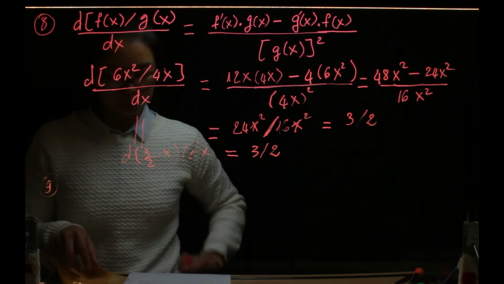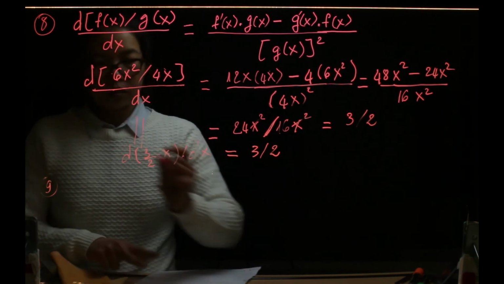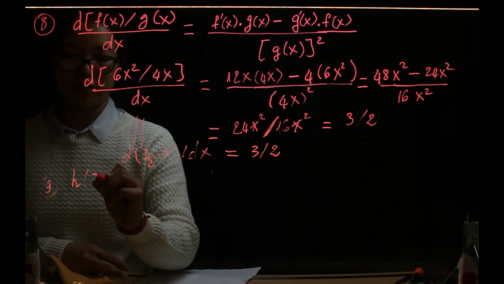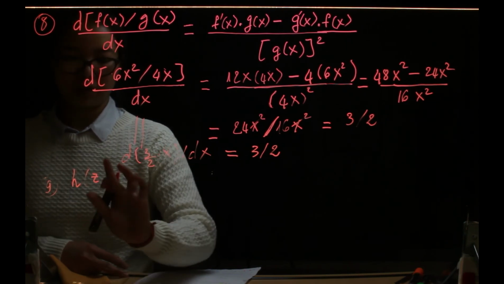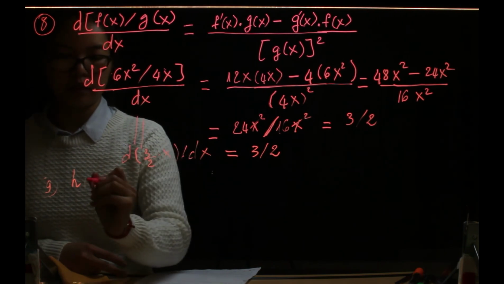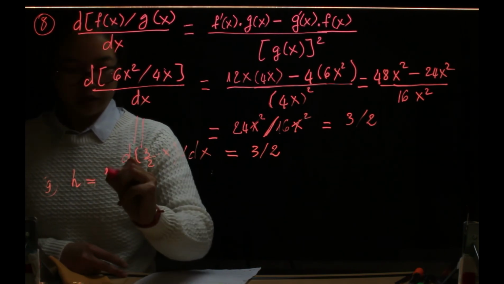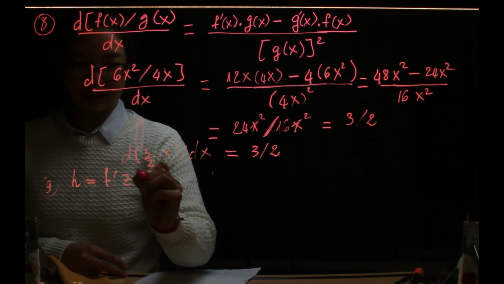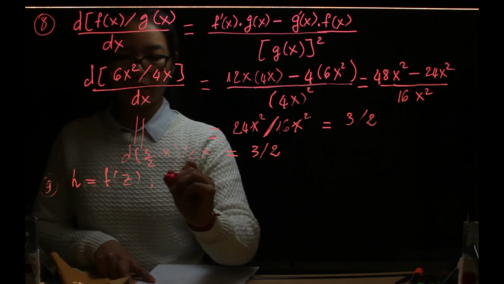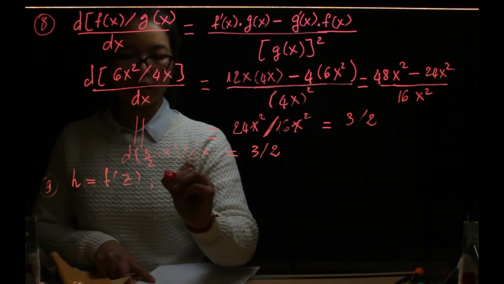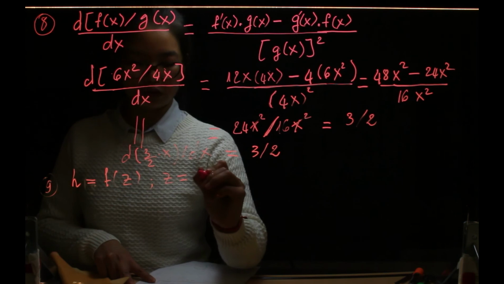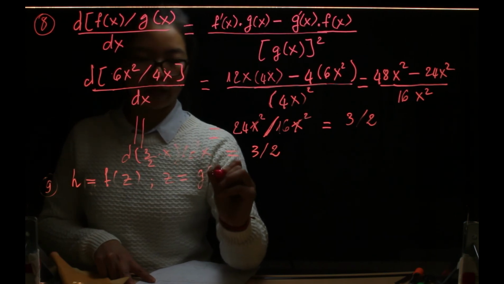Last rule. Now imagine we have a function h of some variable z. Now let's not write it like that, but rather h equal f(z), a function of some variable z. And then we even also have in turn z is a function of some variable x.